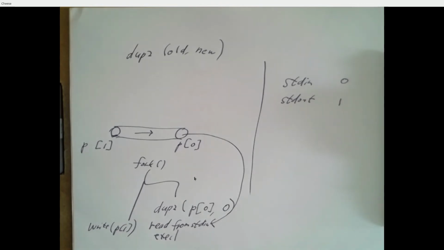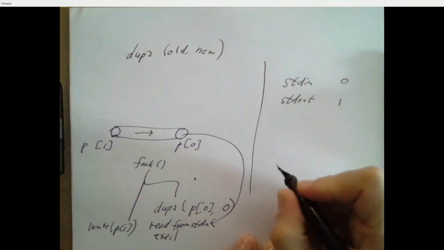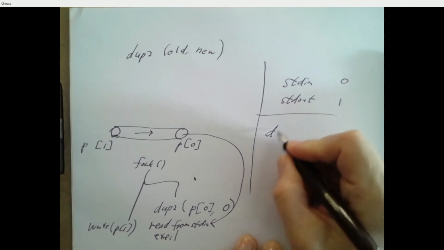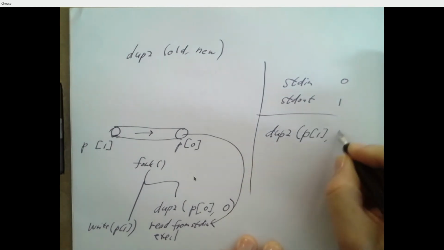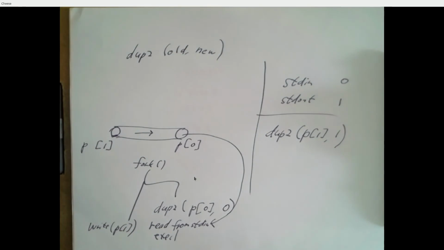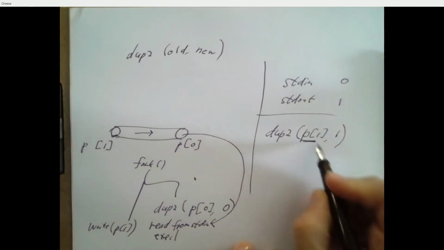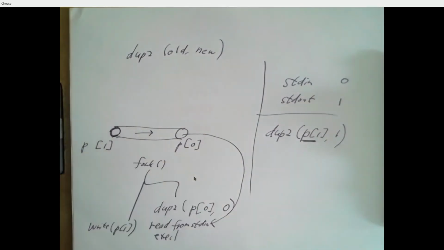You make a fork, you duplicate P bracket 1 to file descriptor 1. And that says standard out is now the same as this end of the pipe.